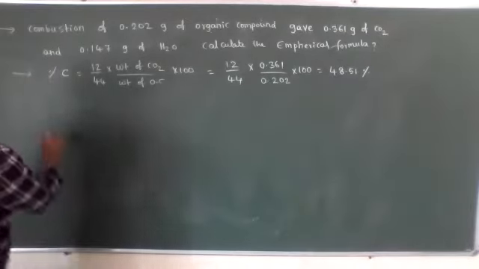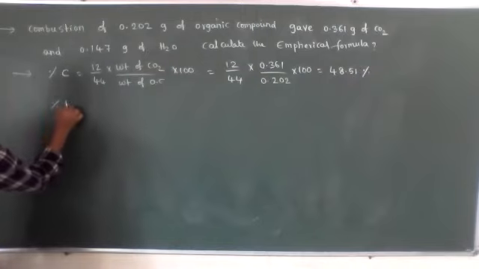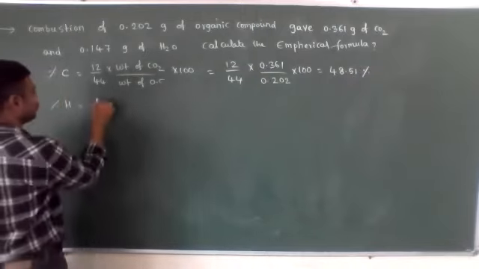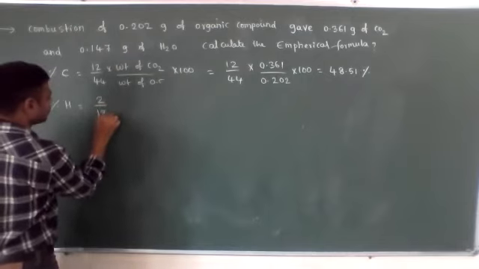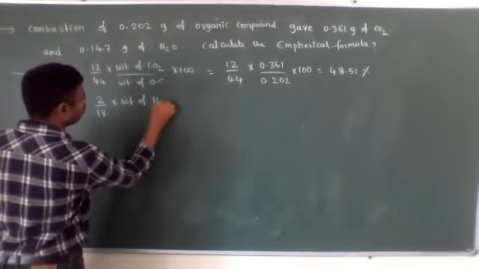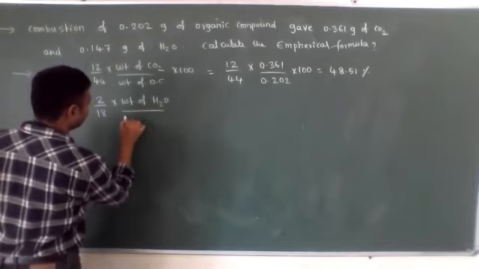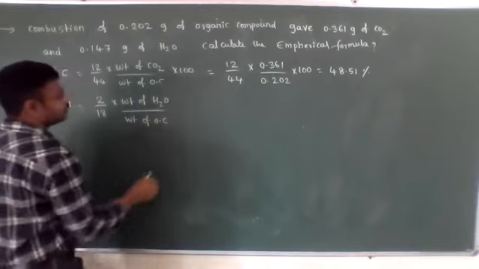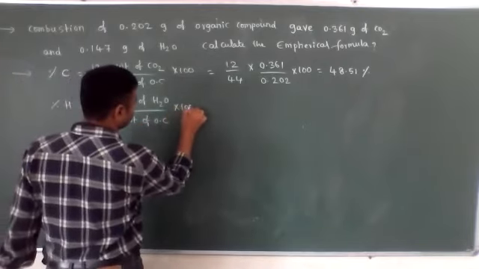The same way, percentage of hydrogen is equal to, what is the formula for percentage of hydrogen? 2 by 18 into weight of H2O by weight of organic compound into 100.